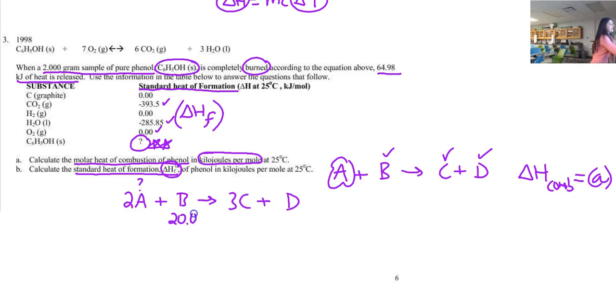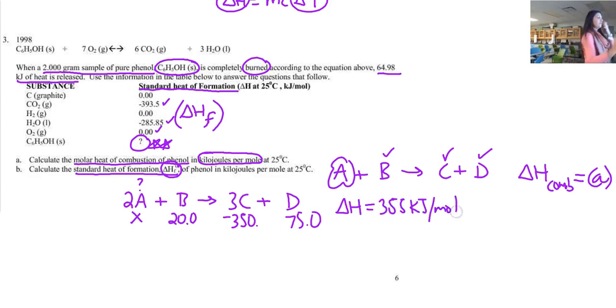B, let's say I look up and it's 20 kilojoules per mole, C is negative 350 kilojoules per mole, and D is a positive 75.0 kilojoules per mole. I just made up these numbers as if I got them from a chart, and this is what I'm calling X. Let's say I know my delta H for the entire reaction, I had it figured out, and it was equal to 355 kilojoules per mole, for example.